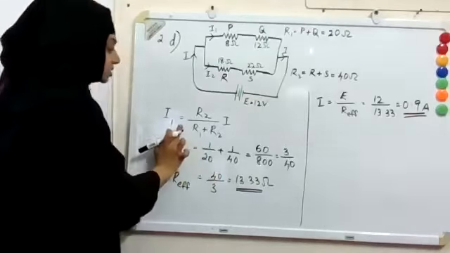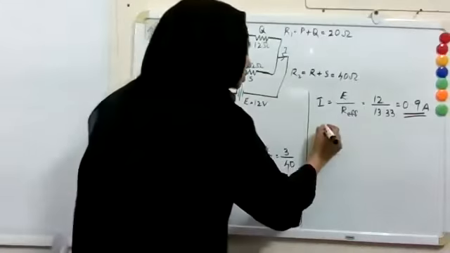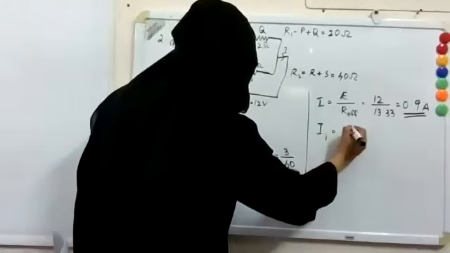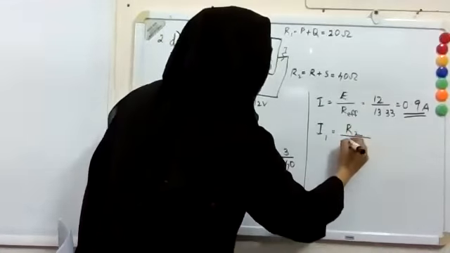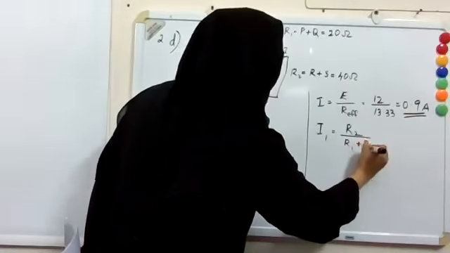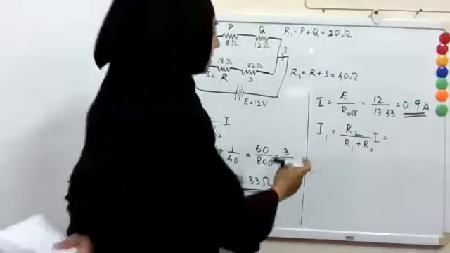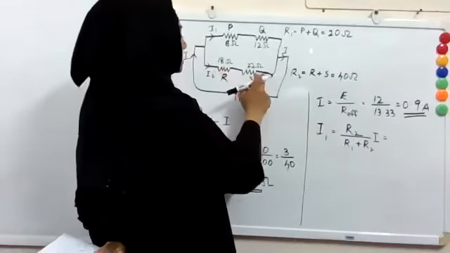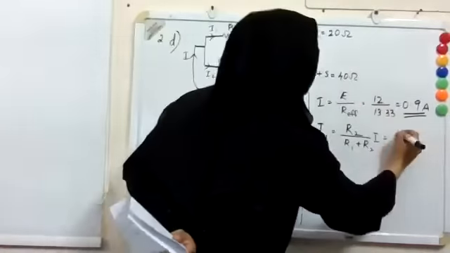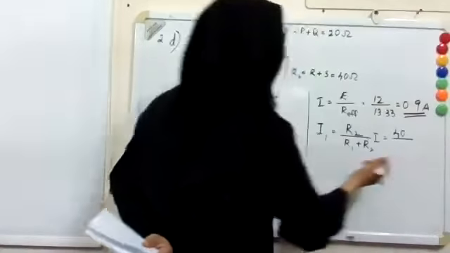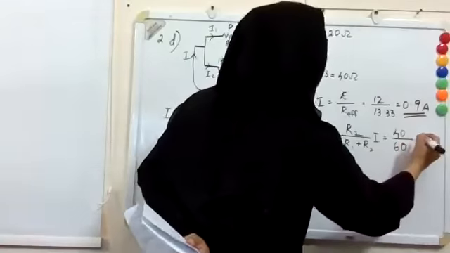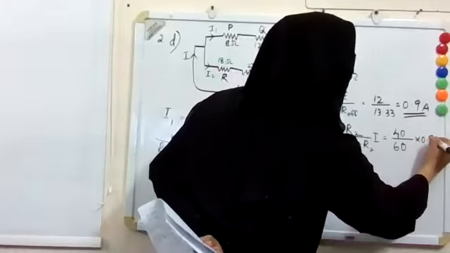Now we can use this formula. So I1 is equal to R2 divided by R1 plus R2 into I, which is equal to 40 divided by 40 plus 20, which is 60, into 0.9.